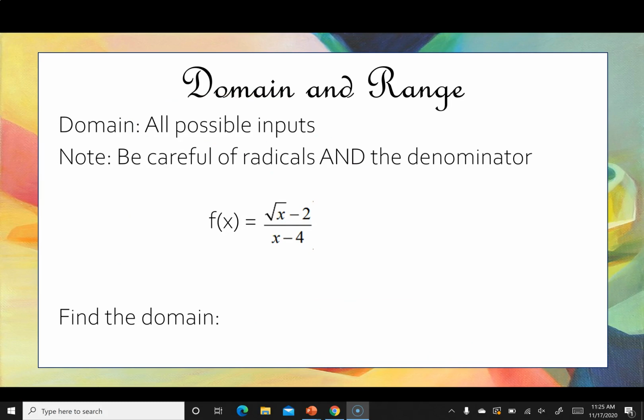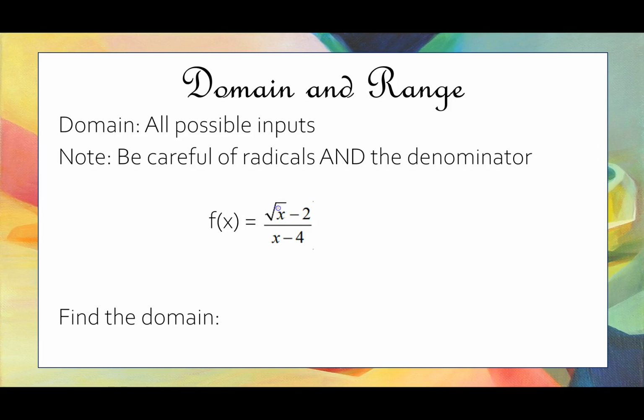Okay, now I'm going to introduce something else that you have to be careful of, and that is, what about radicals? If you're talking about graphing on a real axis, you cannot have negatives under a square root. So here, x has to be greater than or equal to 0. Doesn't that make sense?